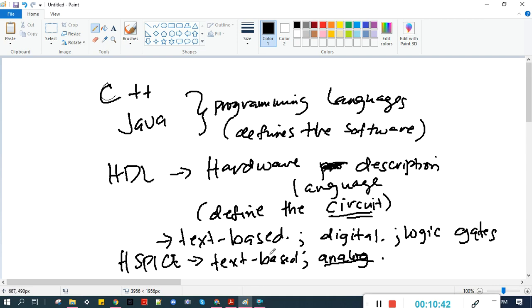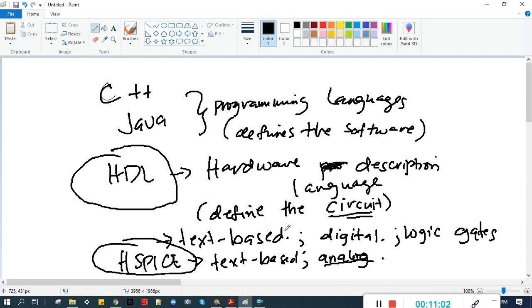So that's the difference between HDL, or a hardware description language, and other programming languages like C++ and Java. And the difference also from HSpice and other text-based design tools which describe the circuits in analog form.